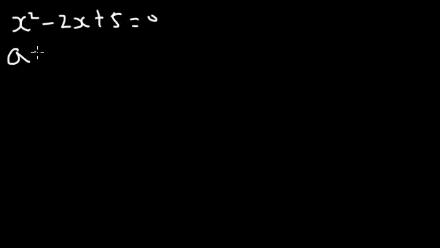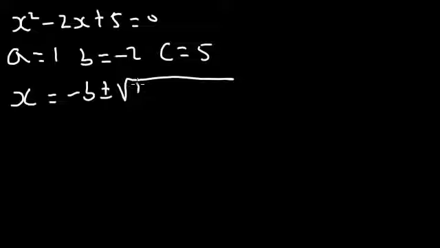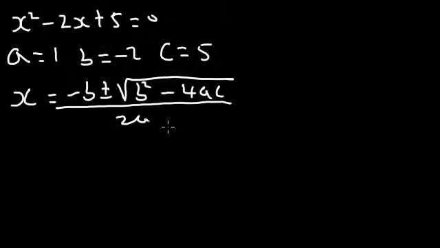We need the value of a, which is the coefficient of x squared, in this case equal to 1. The value of b, which is the coefficient of x, which is -2, and the value of c, which is the constant, +5. So what does the formula say? It says that the value of the variable will be equal to -b plus or minus the square root of b squared minus 4ac, all divided by 2a.